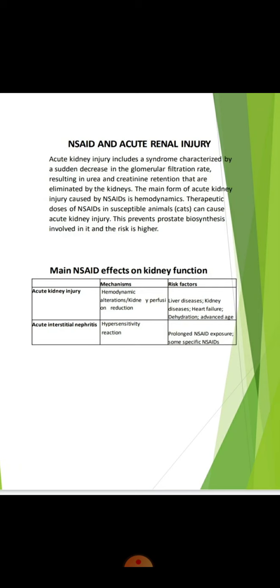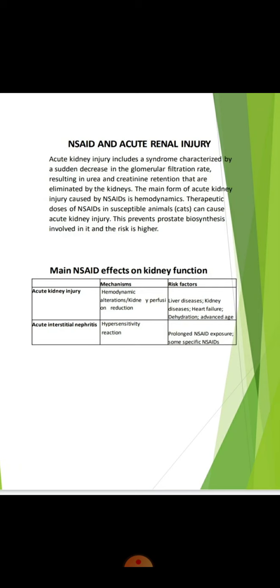The main form of acute kidney injury caused by NSAIDs is hemodynamic. A therapeutic dose of NSAID in a susceptible animal can cause acute kidney injury. This prevents prostaglandin biosynthesis involved in it, and the risk is higher.